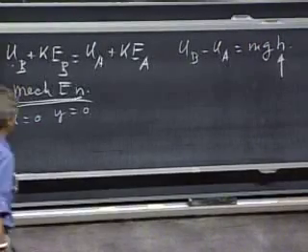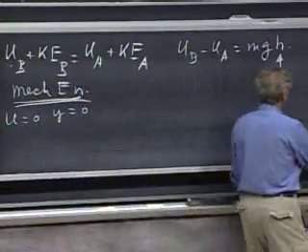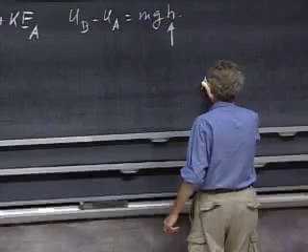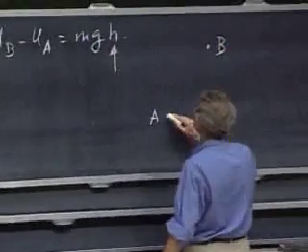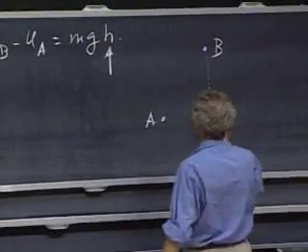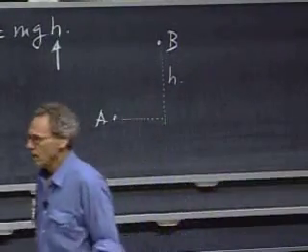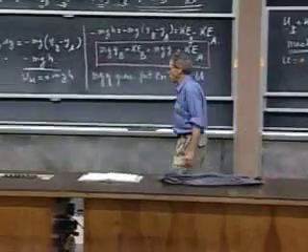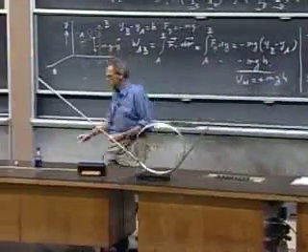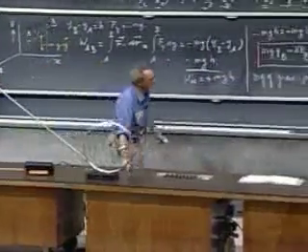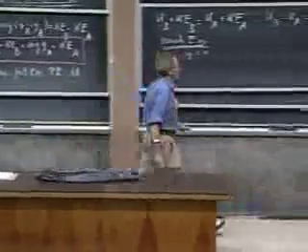It's easy to see. Suppose I have here point A and I have here point B, and suppose this separation was h. Well, if you prefer to call zero potential energy at A, I have no problems with that. So we can call this U equals 0 here.